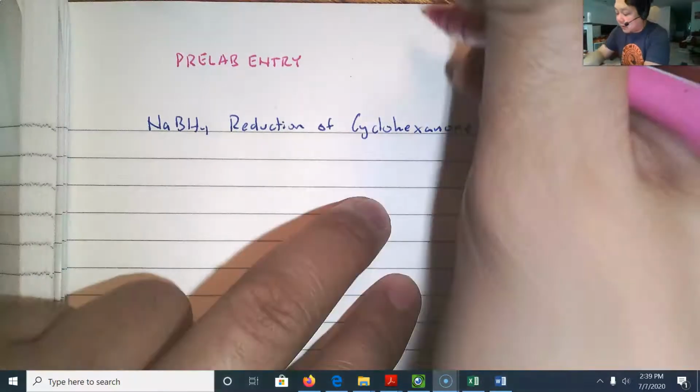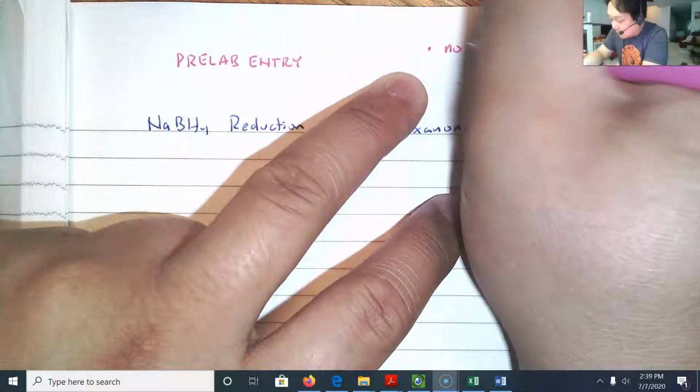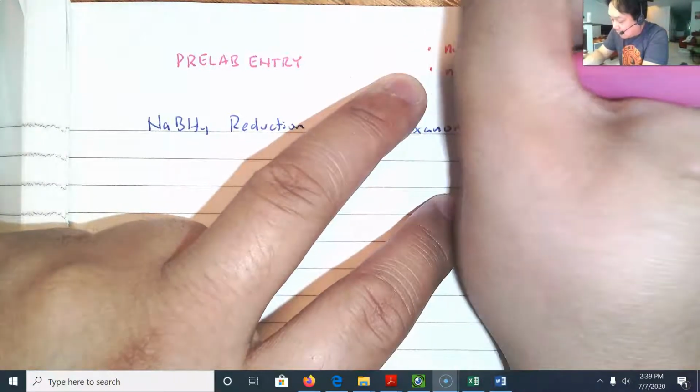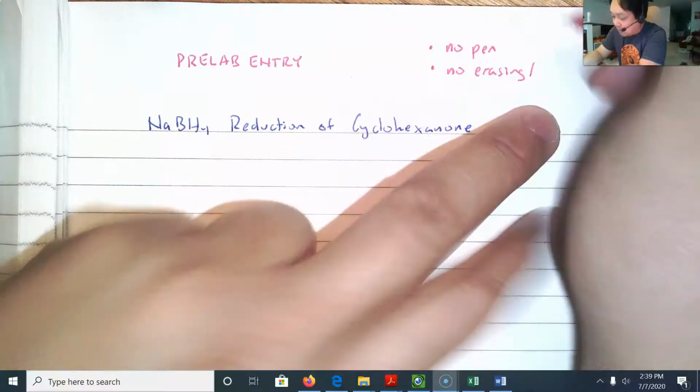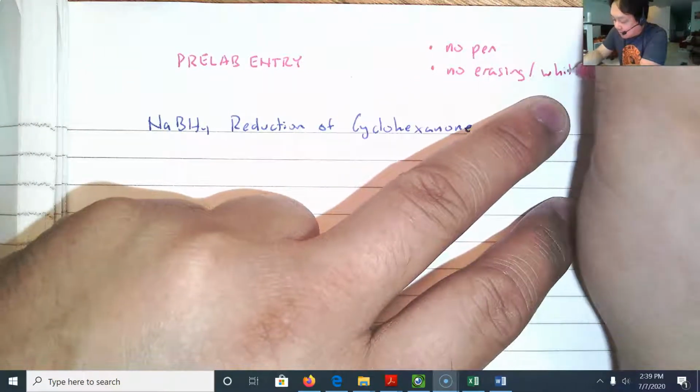As a reminder, your lab notebook should have no pen, no erasing, or whiteout or blackout.